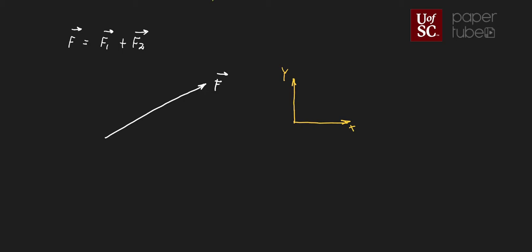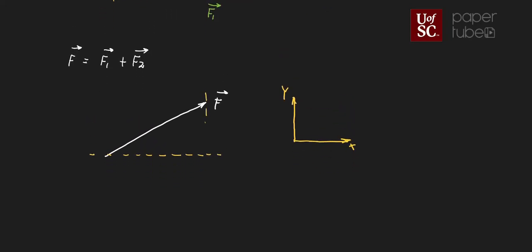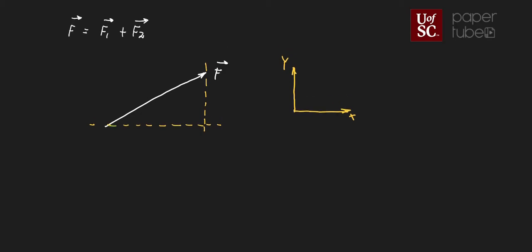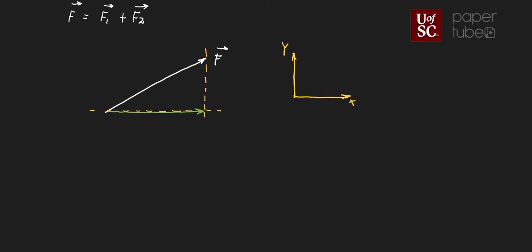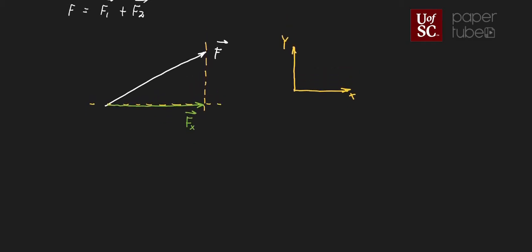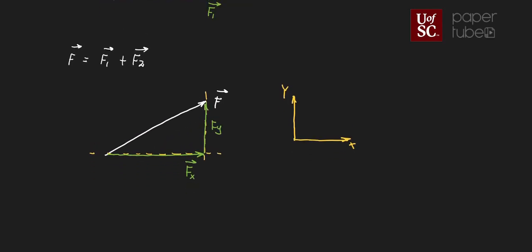The components of this vector are going to be this, let's call it Fx, and this one over here Fy.